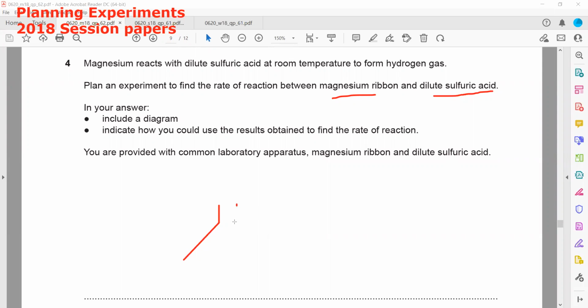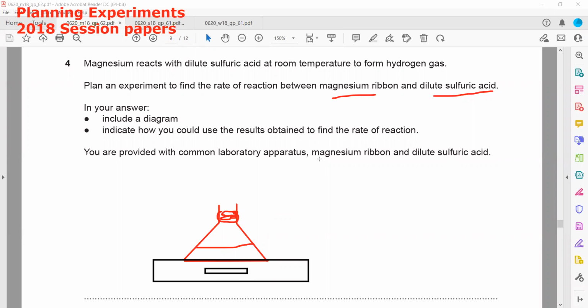then we have a conical flask in which we have sulfuric acid and there's a cotton, so that the content in the flask does not escape, only the gas will escape, and we will keep it on the balance.